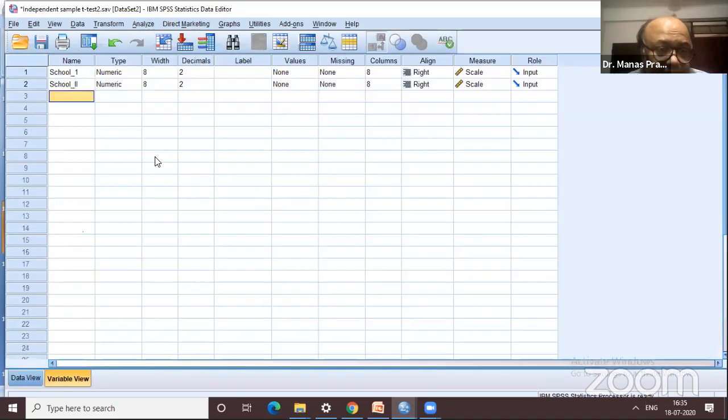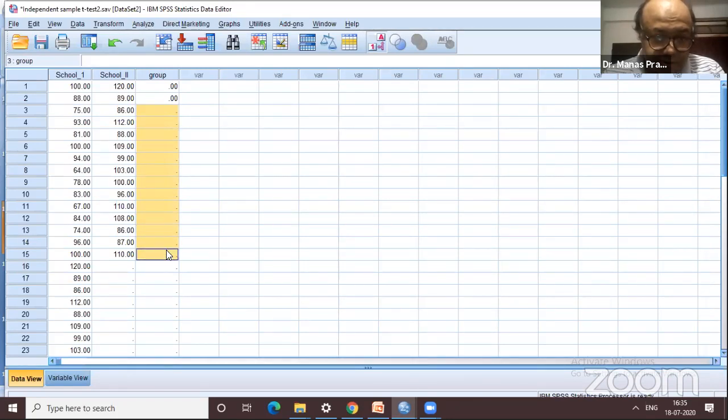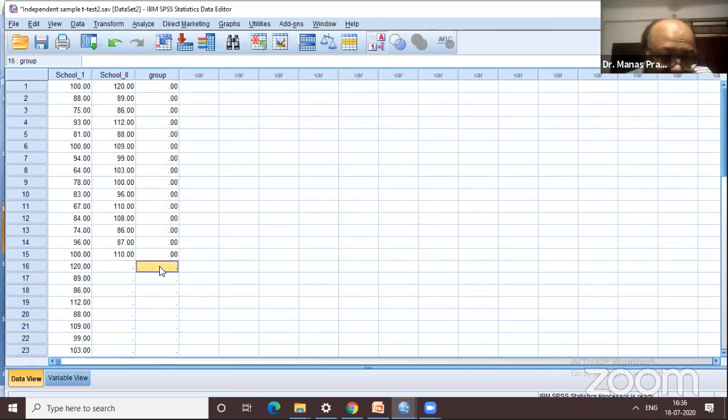Suppose I give the variable name as group. It will be a discrete variable, so I have to give codes. Suppose 0 for school 1, copy, and 1 means school 2.